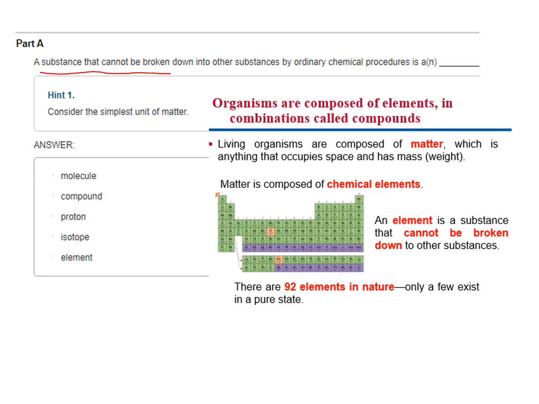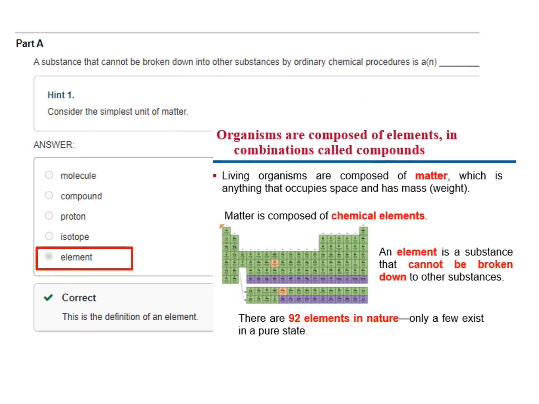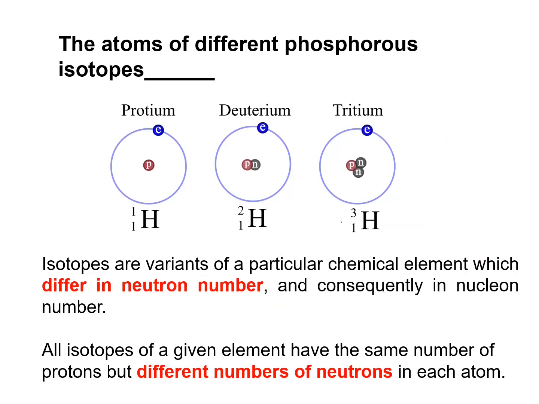When a substance cannot be broken by ordinary chemical procedure, a molecule, definitely not. A compound, definitely not. And if you remember the slides, the definition of an element: an element is a substance that cannot be broken down into other substances. So very easy. This is the answer, and this is the definition of an element.